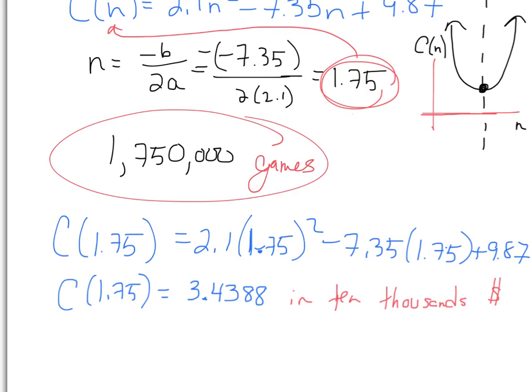So what is this one going to be? 34,388. Okay, we have 3 10,000s, which is 30,000, and 0.4388 10,000s, which is 4,388. So again, it costs 34,388.